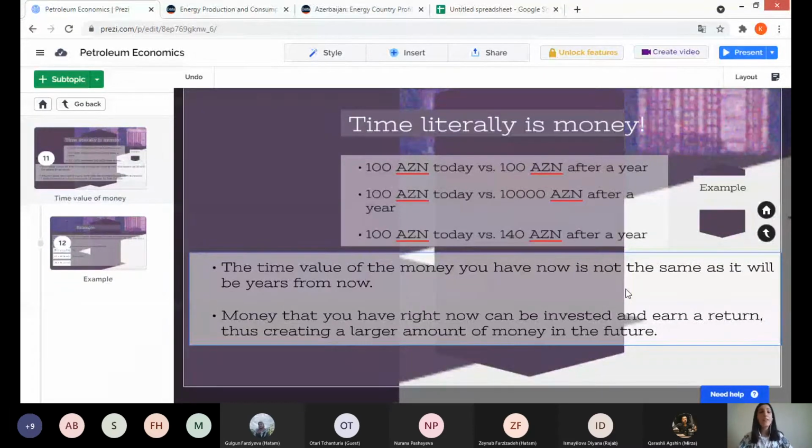After 1 year, I will give you exactly this 100 manats. So I'm asking you, will you agree to take 100 manats today? So just raise your hand, and I would like to know your opinion. Would you like to take 100 manats now?